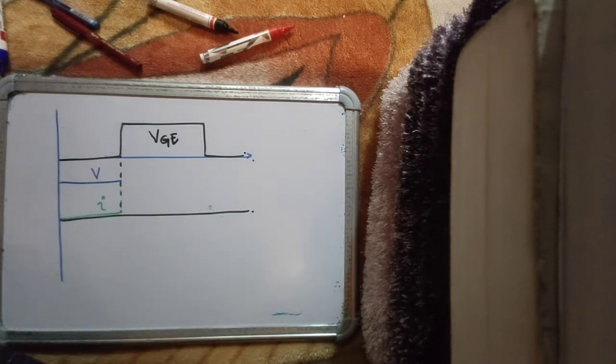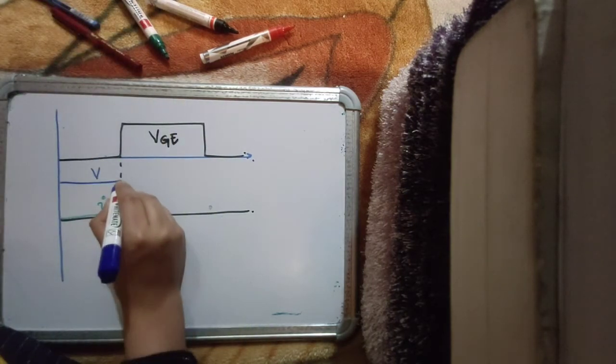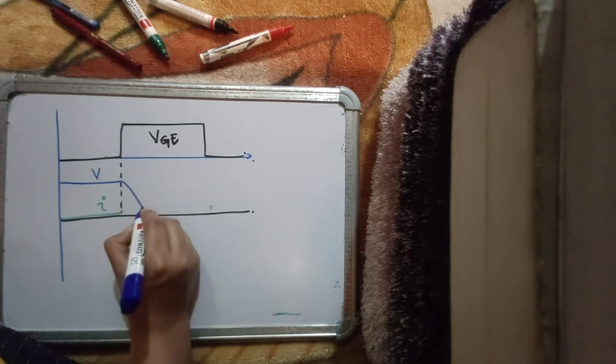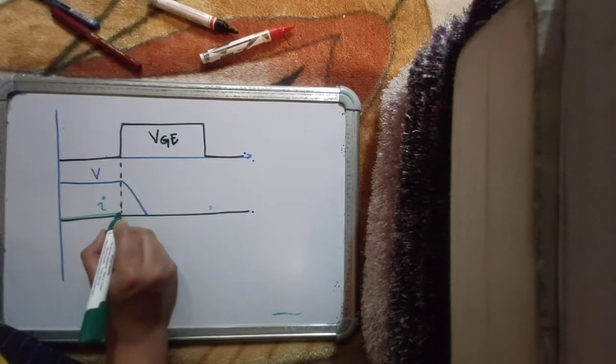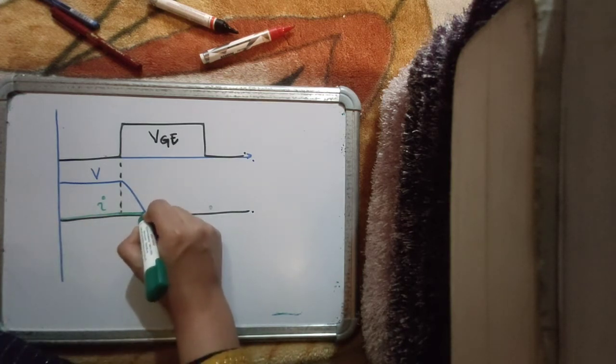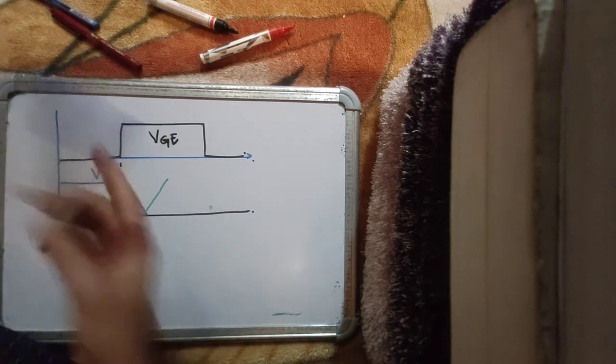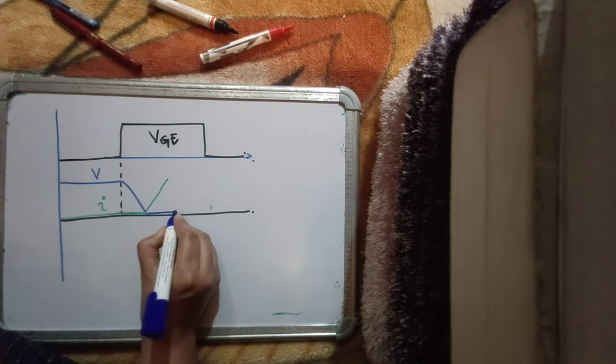Now, by zero voltage switching or zero current switching, first the voltage will fall while the current remains zero, and then the current will rise while the voltage is zero.